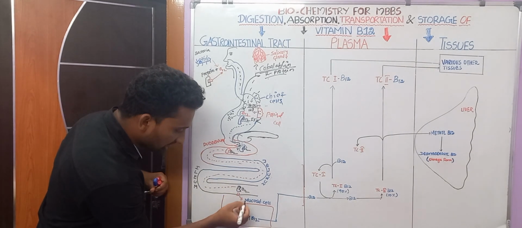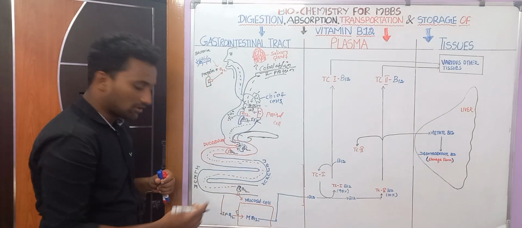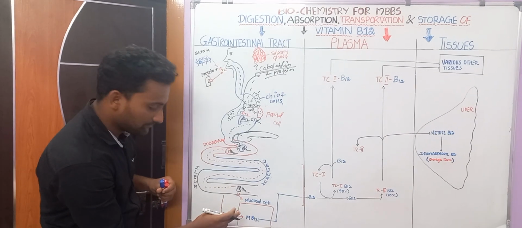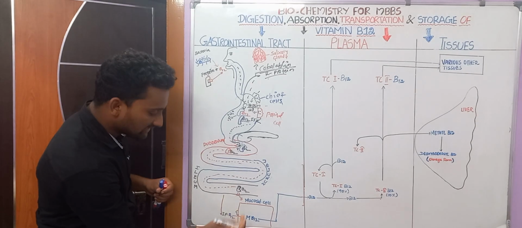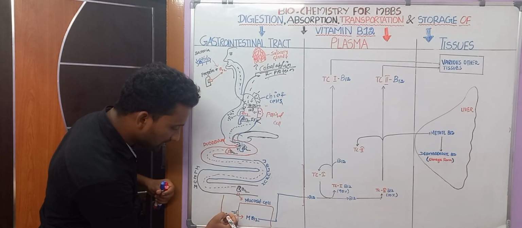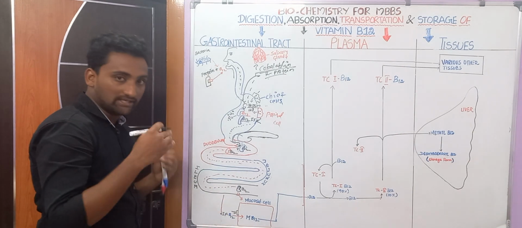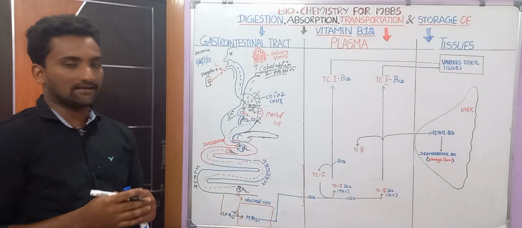So this intrinsic factor in a mucosal cell binds with a specific receptor called intrinsic factor receptor. This whole complex binds with this one. See here, intrinsic factor B12 binds with the receptor of the mucosal cell of the ileum and enters inside the mucosal cell.